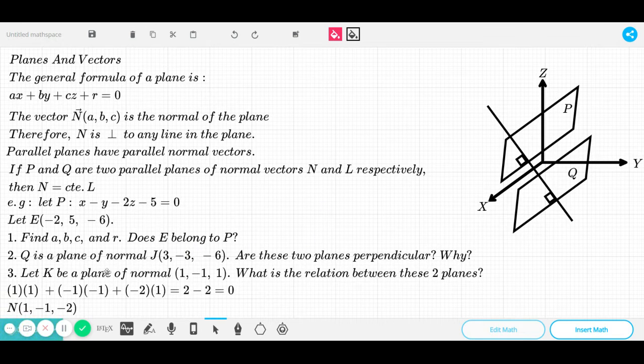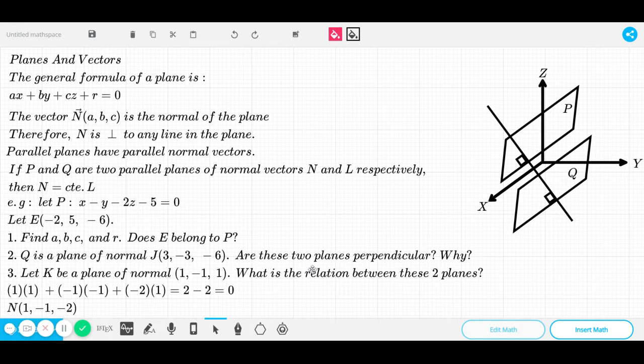Therefore, J is equal to 3n. We conclude that normal vector J is parallel to normal vector n of plane P. Therefore, these two vectors are parallel, having two parallel normal vectors.